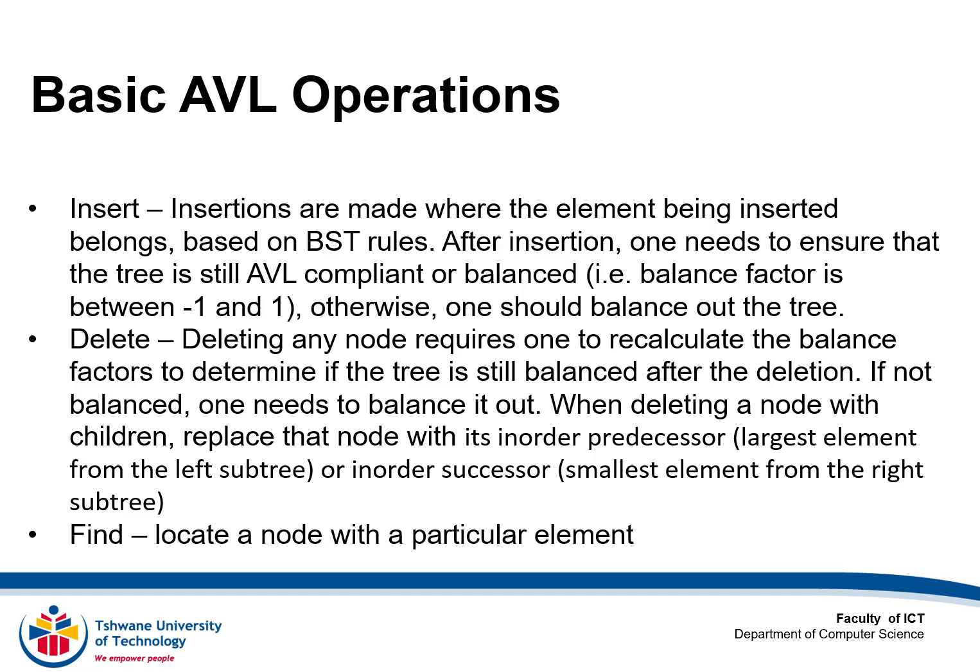That is, when deleting a node that has children, you have to replace that node with the highest or largest child of the left subtree or the smallest child of the right subtree. Okay? The next one is find, which is basically used to locate a node with a particular element in a tree.